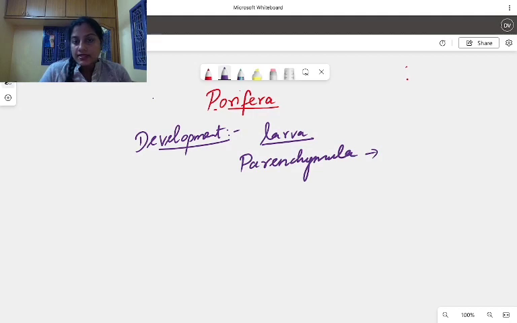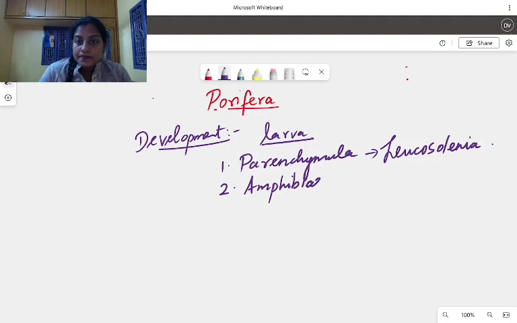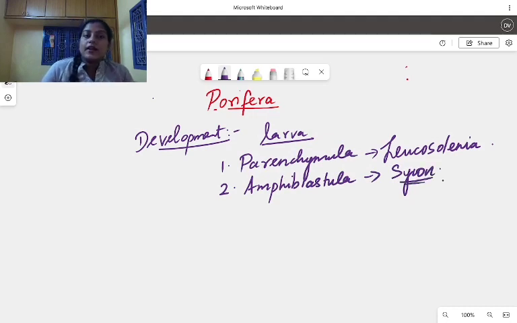Any idea, any guesses? Leucosolenia. Okay, this is a sponge name. And another one is amphiblastula. This is the larva of which sponge? Sycon.